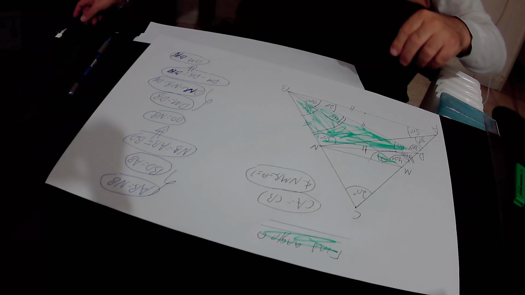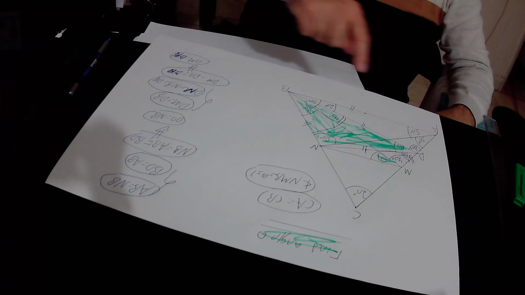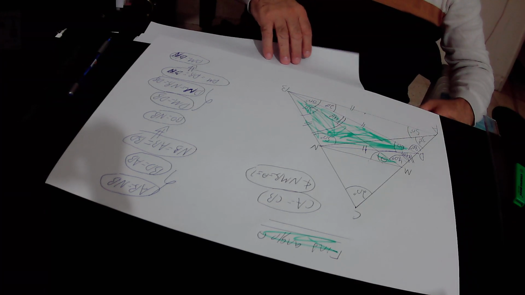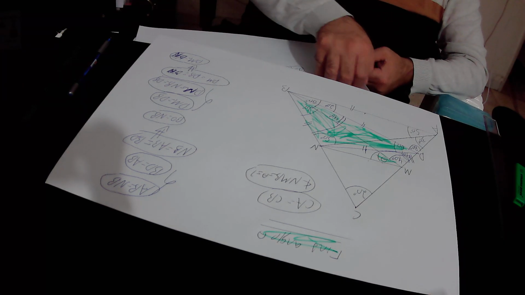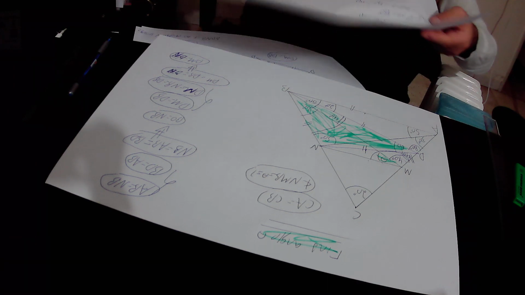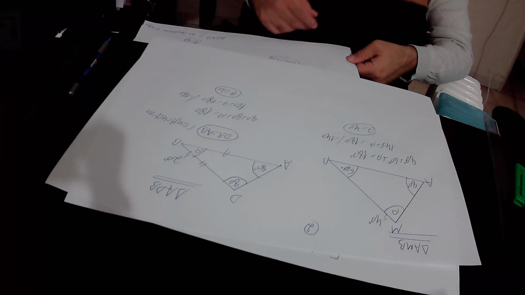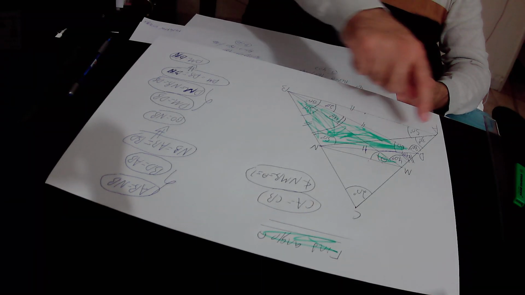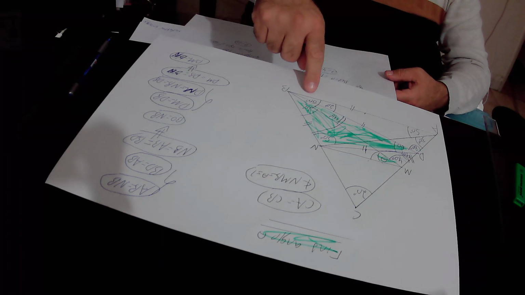Okay, in the next step we focus on triangle MAB. So I copied this triangle MAB from the original drawing onto a new page and analyzed it. Angle MAB equals 80 degrees and angle MBA equals 60 degrees.